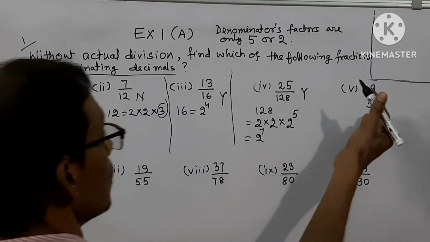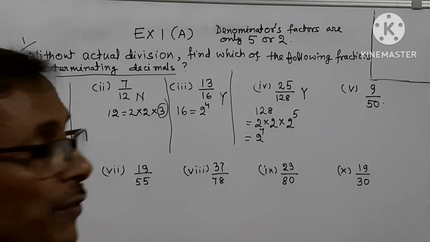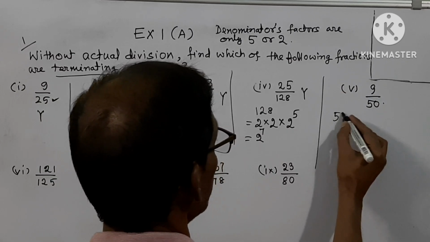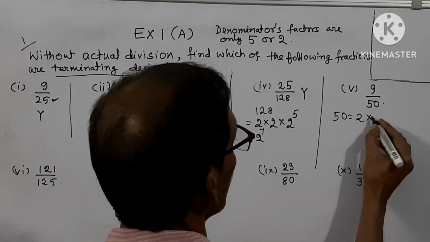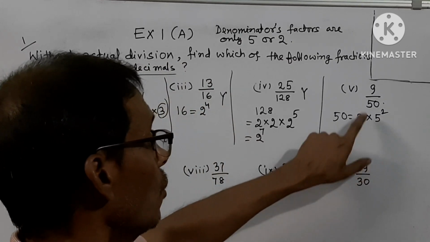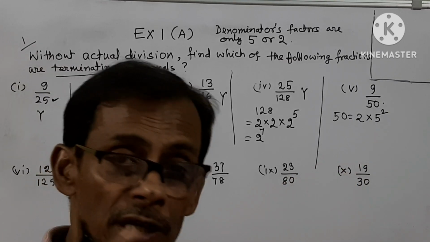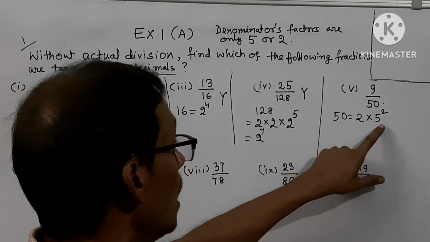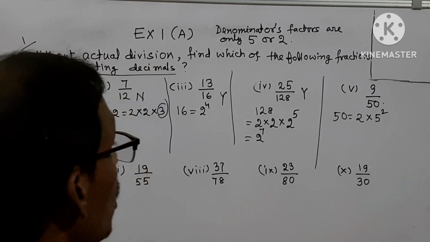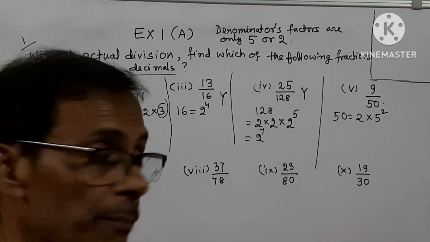Let's look at number 5, where the denominator is 50. 50 is 2 into 5 square. The factor of 2 is also allowed. The factors of 5 are also allowed in the denominator. But factors other than 2 and 5 are not allowed for a terminating decimal number.